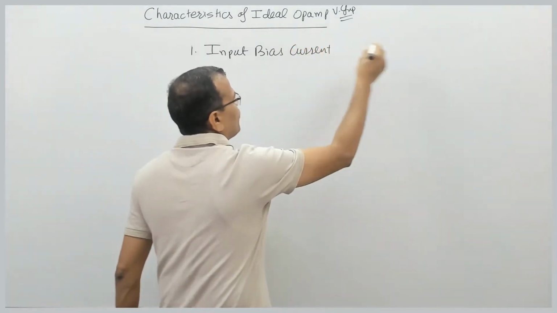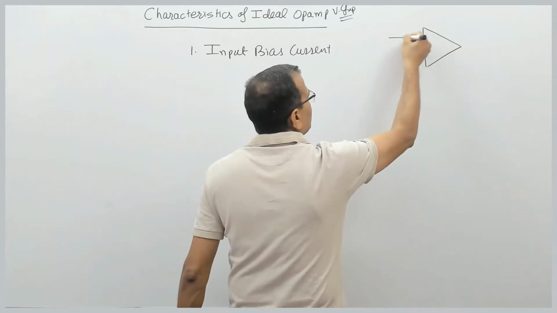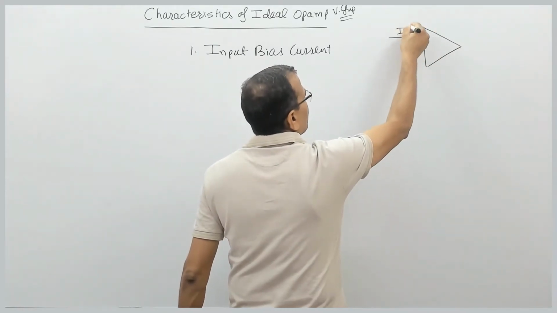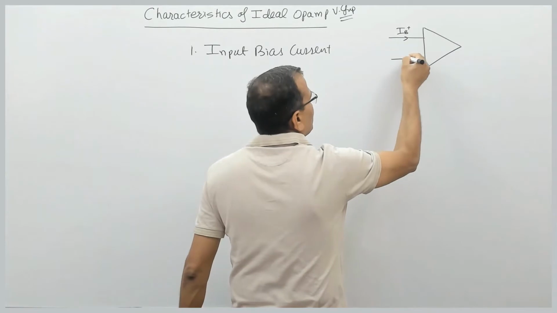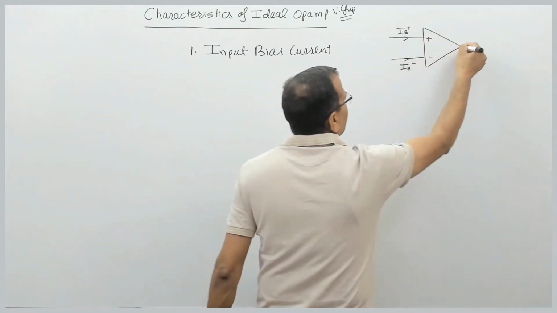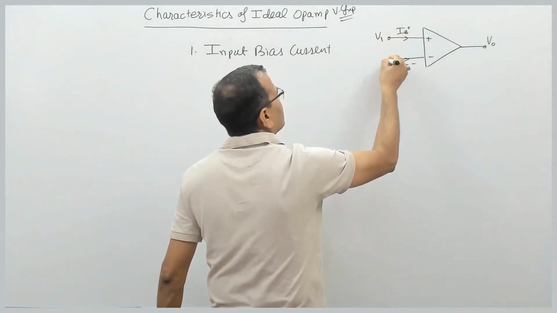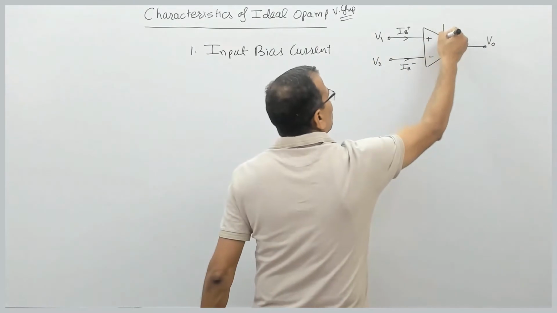For an ideal op-amp, the input bias current, if you remember, is basically the average of the current entering at the non-inverting terminal and the current entering at the inverting terminal of the op-amp. That is nothing but the input bias current.